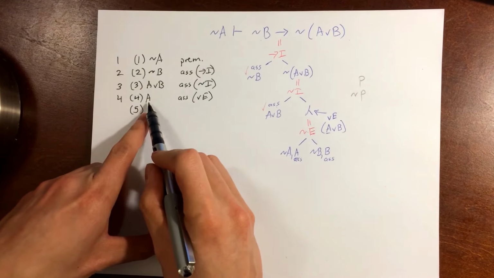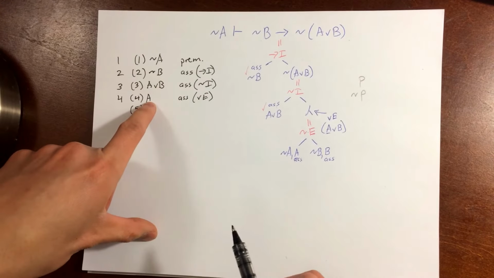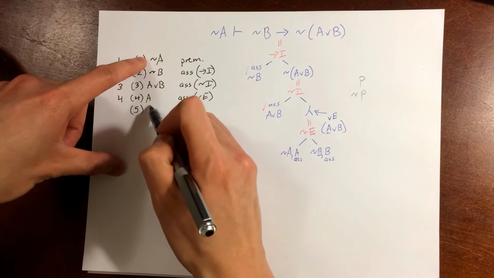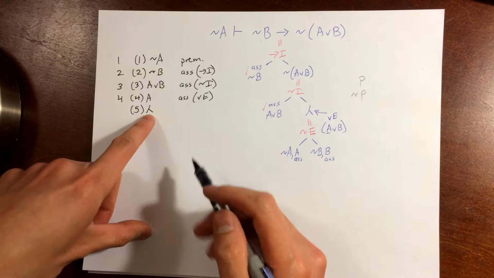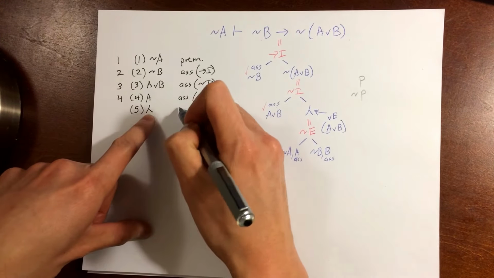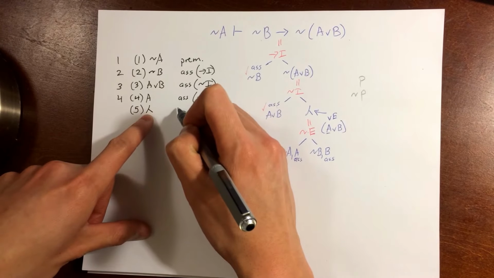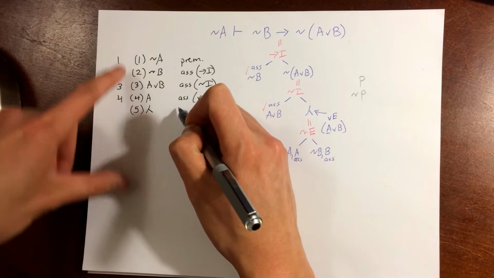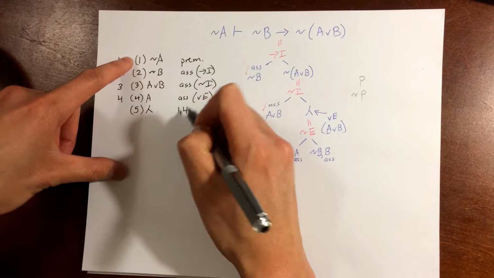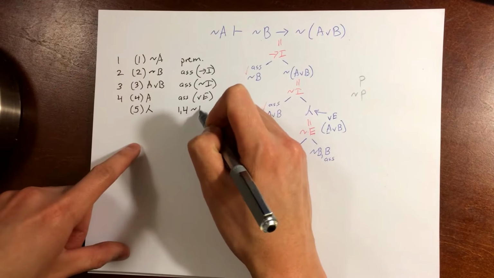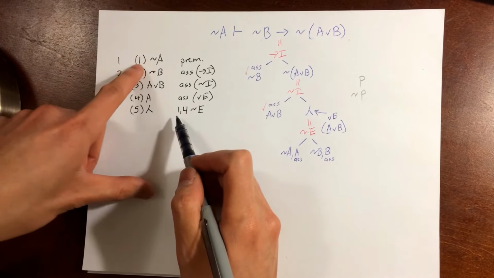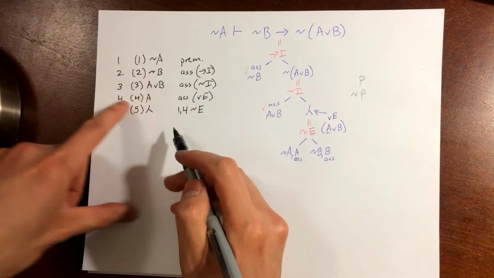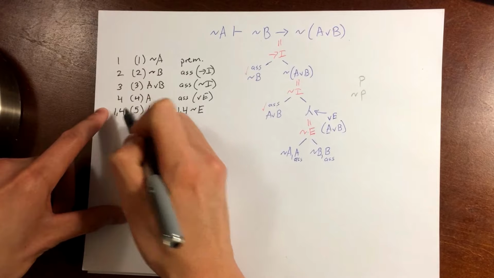If we assume A, we can create the contradiction immediately because not A is our premise. And so we can write down the lambda, which is created by the contradiction between 1 and 4. Negation elimination. It's true because of line 1, which depends on 1, and 4, which depends on 4. So that's 1 and 4.